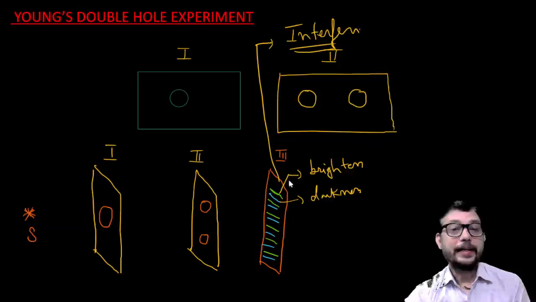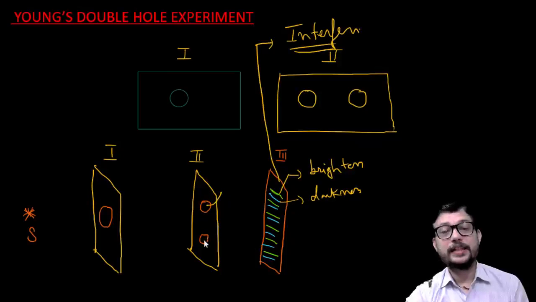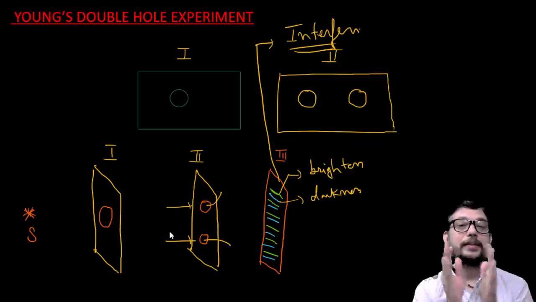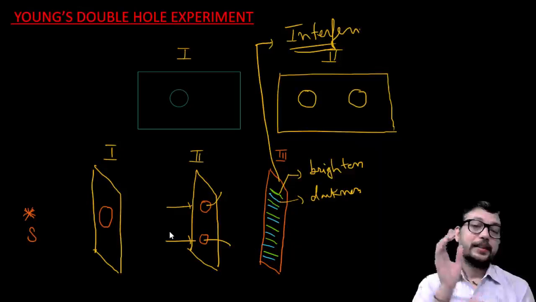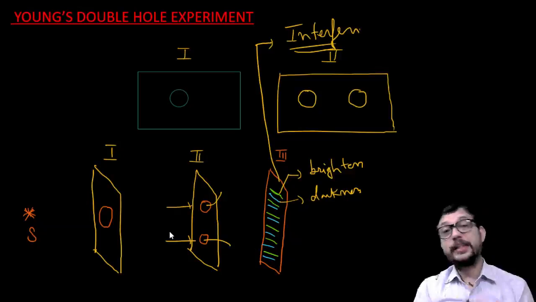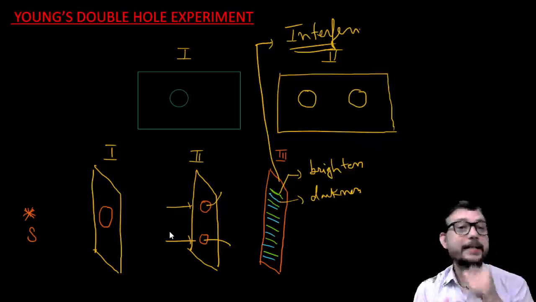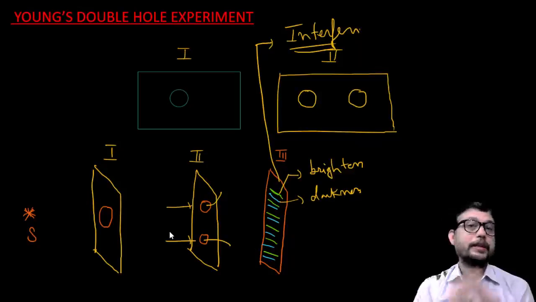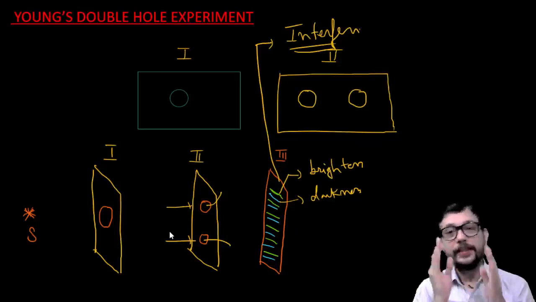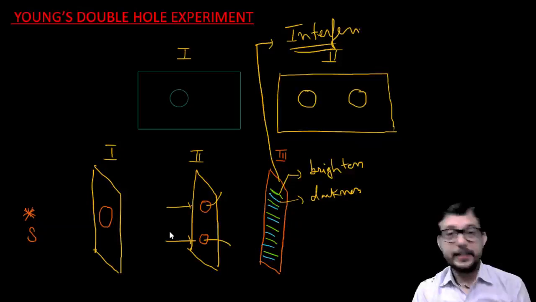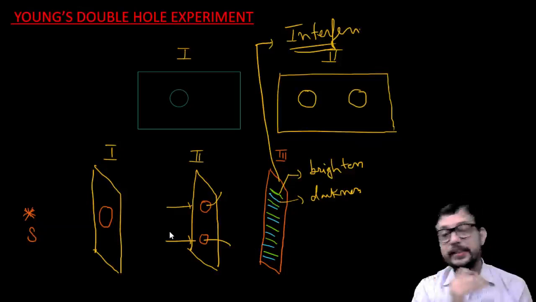When light bends from the slits, these holes, it gives a new phenomenon called interference of waves, in which we get several strips.